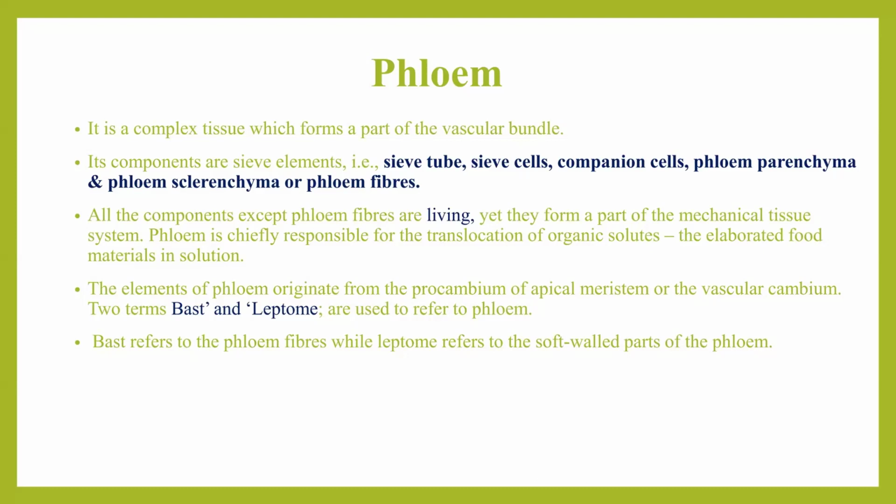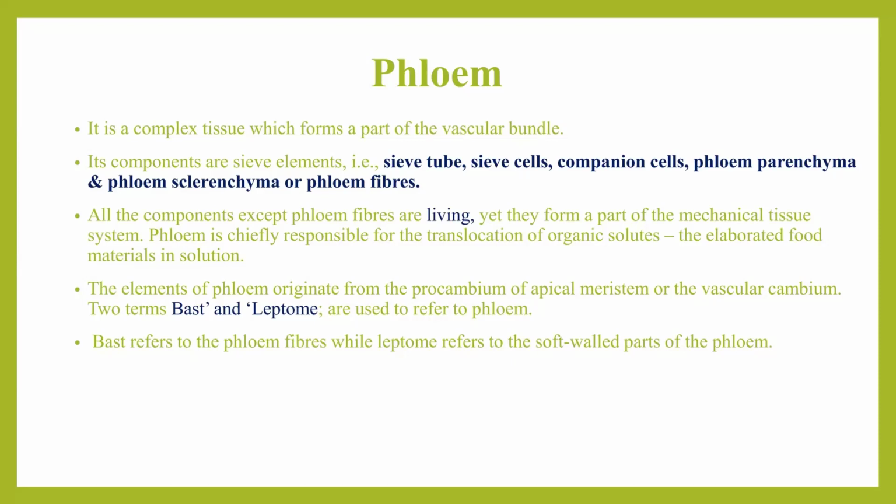Phloem originating from the procambium is called primary phloem, whereas phloem originating from the vascular cambium is called secondary phloem. Similarly, primary xylem and primary phloem originate from the procambium, whereas secondary xylem and secondary phloem are derived from the vascular cambium.